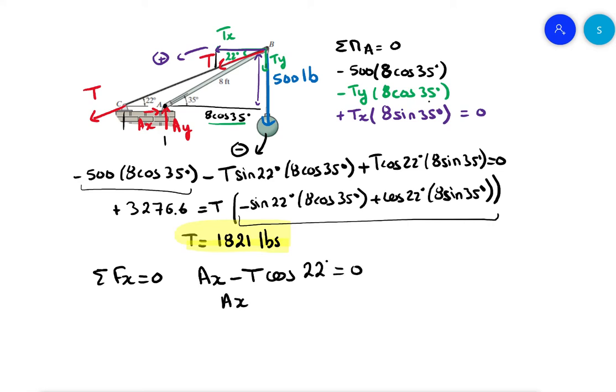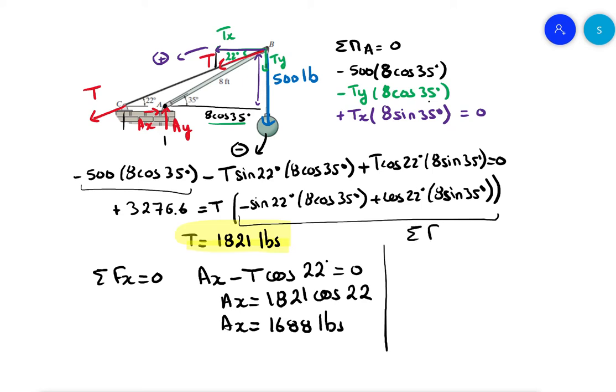So we have AX equal to 1821 cosine 22. That's 1688 pounds.